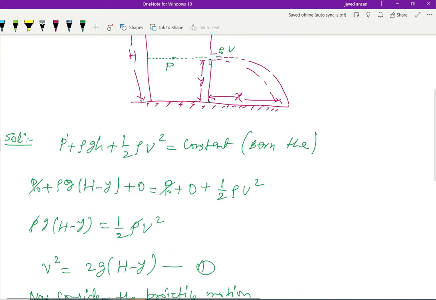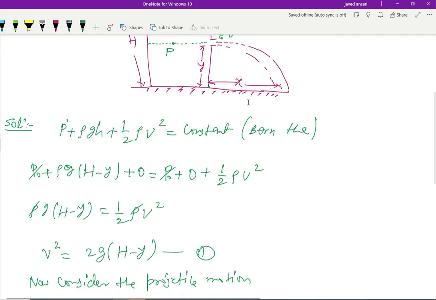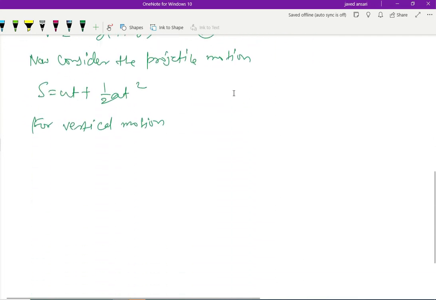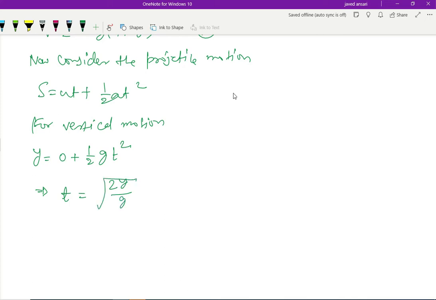Initial vertical velocity will be 0 because it is coming out in the horizontal direction, and acceleration will be the gravitational acceleration. So S is y, u is 0, so this term becomes 0, half a is half g, and t square. So this gives t equal to under root 2y by g. This is equation number 2.